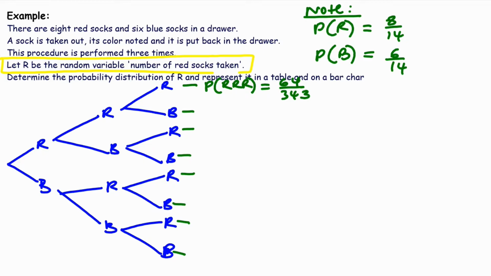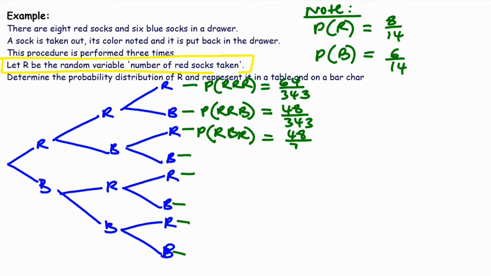If you simplify these fractions and then just multiply them out, the probability of red followed by blue followed by blue... sorry, red, red, blue will be equal to 48 out of 343. It's kind of a tedious process. Red, blue, red will be equal to 48 out of 343.